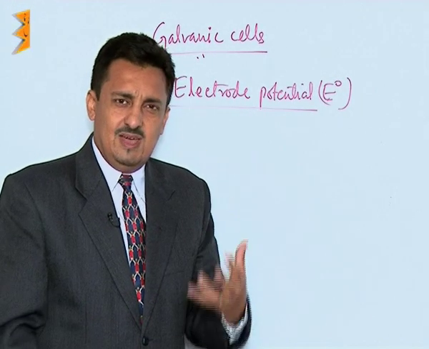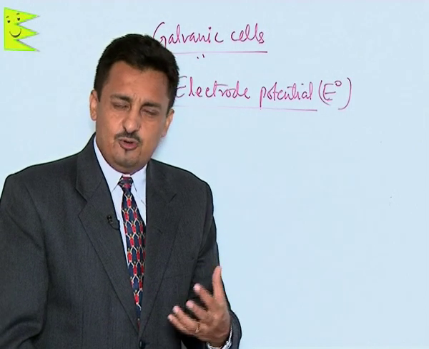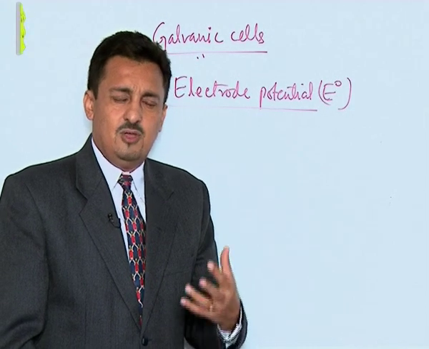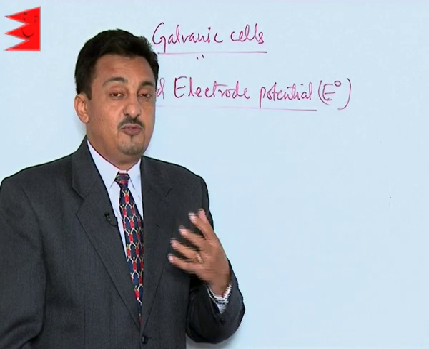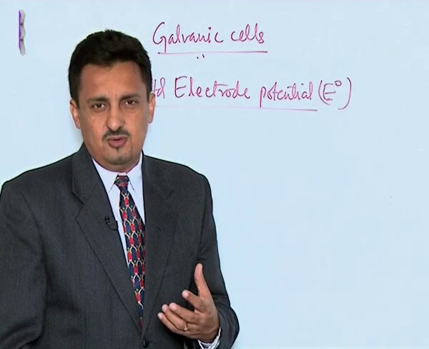Now what is that other species? So in order to determine the potentials of the different electrodes possible, that whether they are undergoing oxidation or reduction, we need to first give the reference electrode.